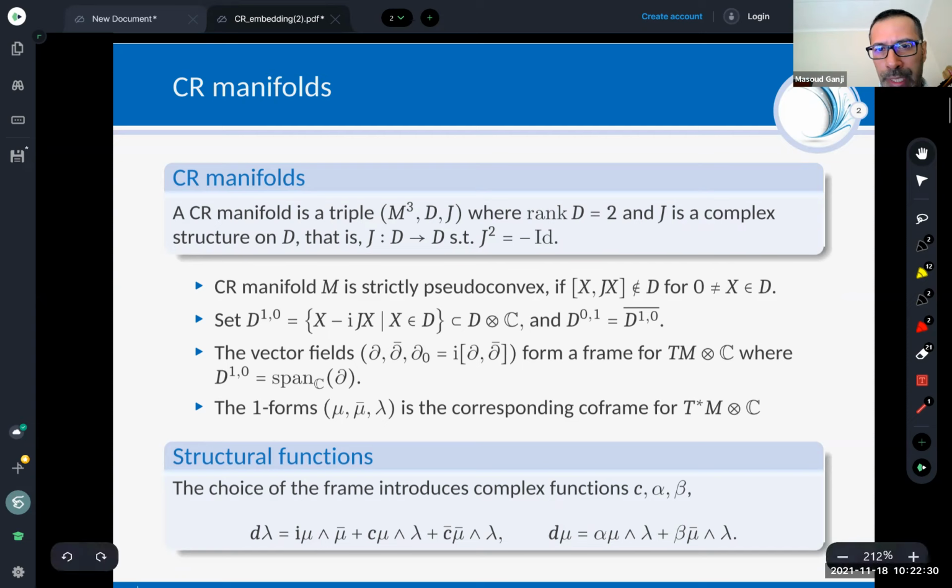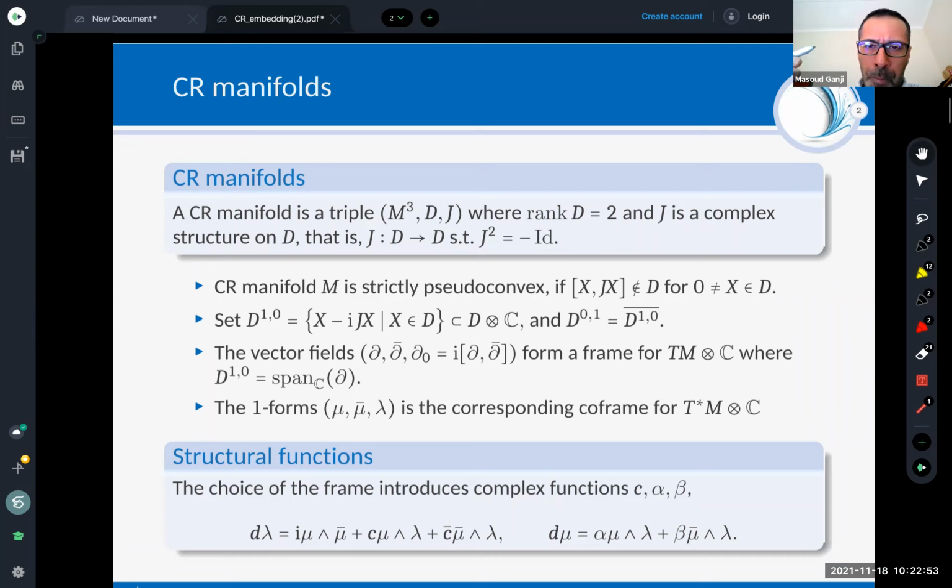So I don't distinguish between the set and the set of sections. A CR manifold is strictly pseudo-convex. This condition is satisfied: X and J applied on X does not belong to D for any non-zero X.